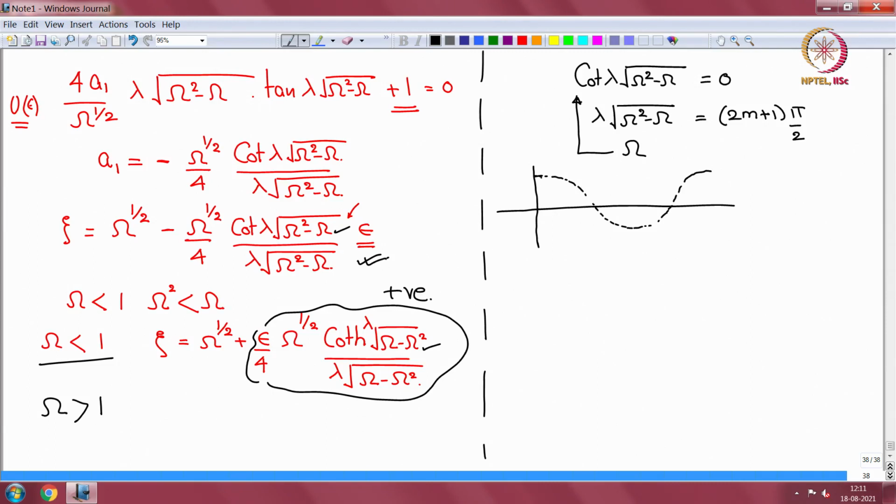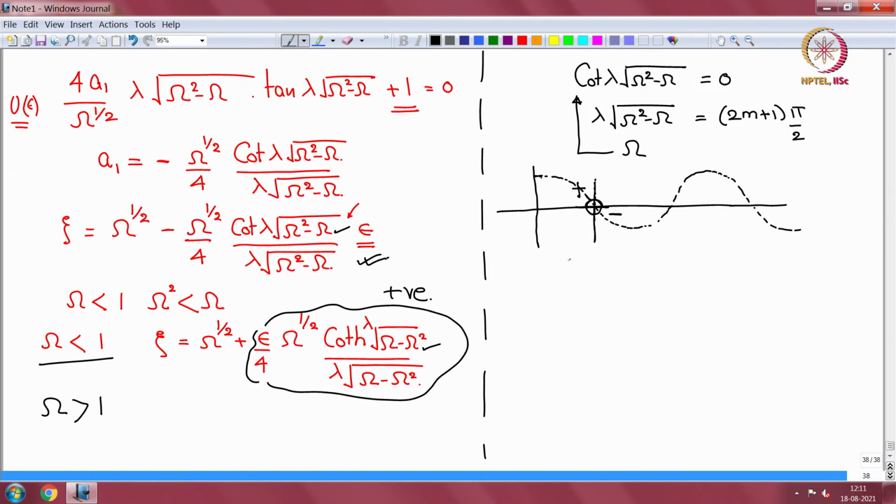Now let us look at this over here. Below that particular frequency, your correction, you are positive. Below this frequency where cos goes to 0, you are positive here. Above, you are negative over here.